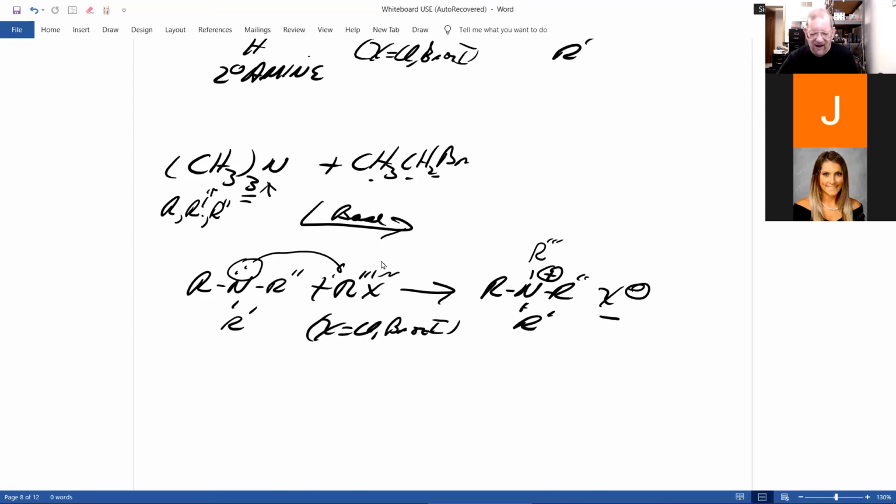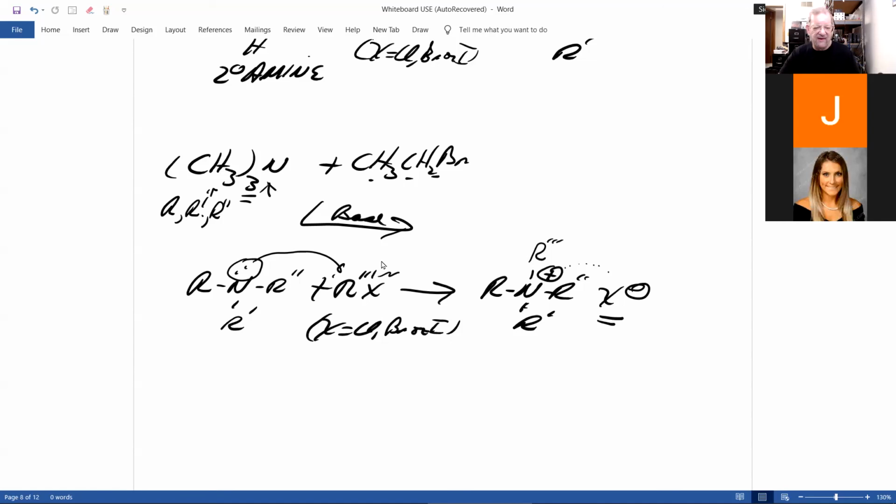Now, I should point out, this is an ionic bond to the nitrogen, not a covalent bond. So nitrogen still has 4 covalent bonds. That's why it doesn't need a hydrogen. This is a case where, remember I said it could have 3 or 4, here it has 4.